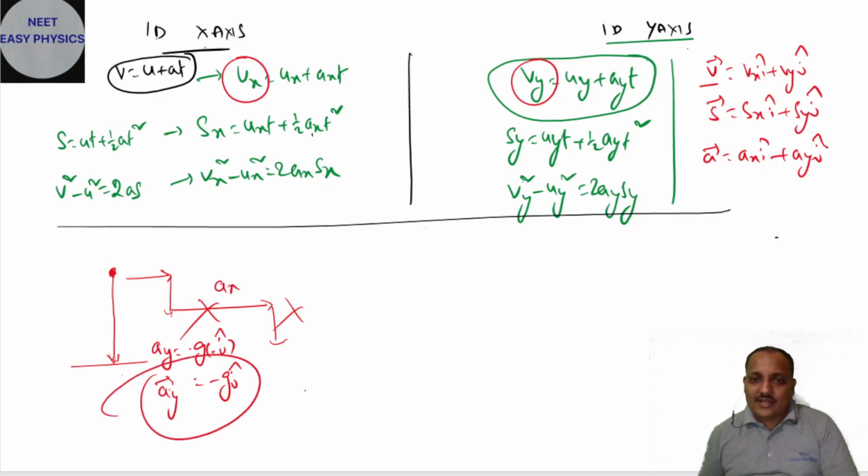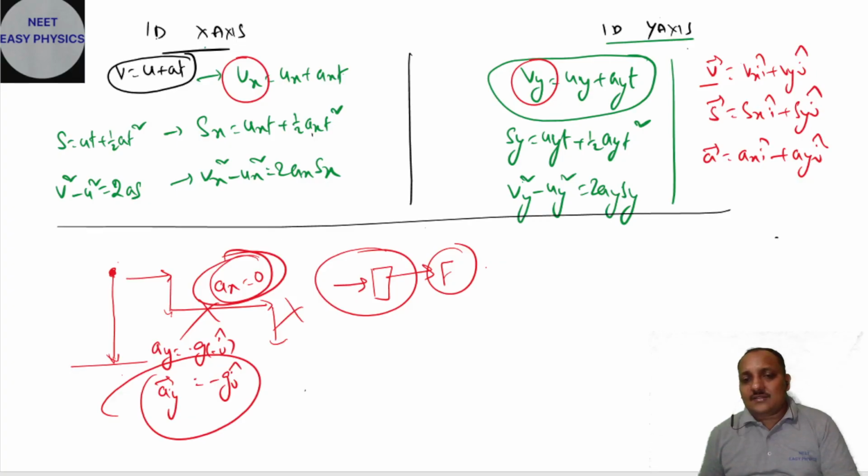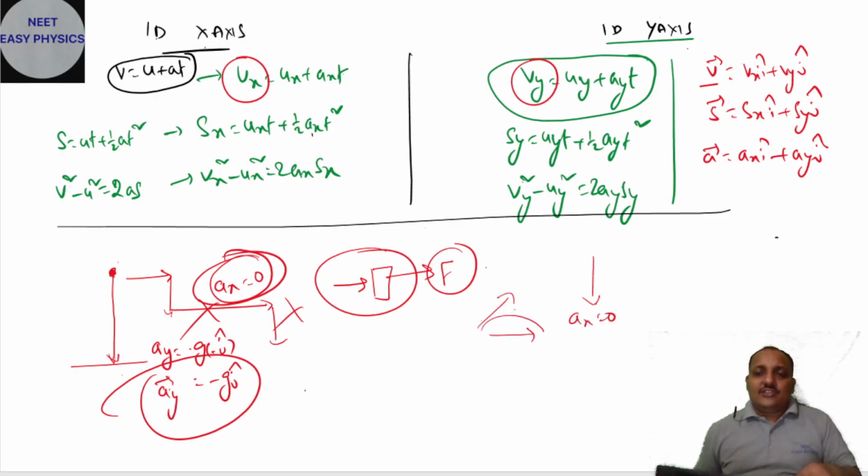Now what is the horizontal acceleration? For a dropped object, it is always 0. There is no horizontal acceleration unless you apply some force in the horizontal direction. We will discuss this in laws of motion. Till then, if the object is falling downwards or moving on the ground by being projected with some velocity, we will take horizontal acceleration as 0, because acceleration due to gravity is always downwards.